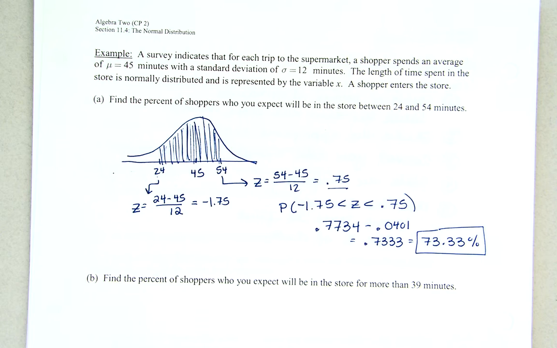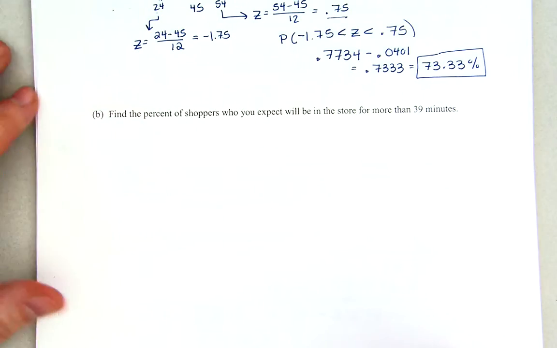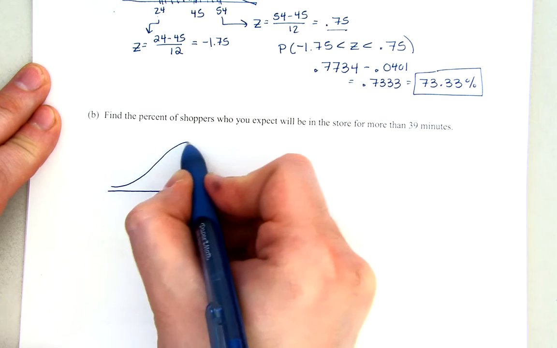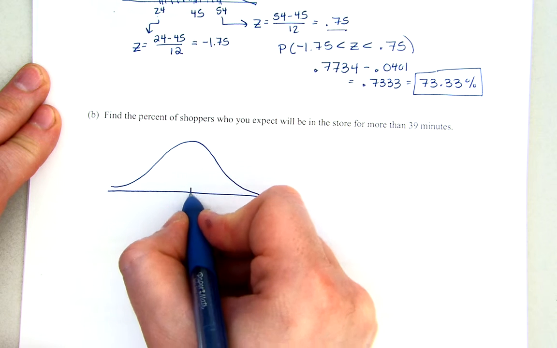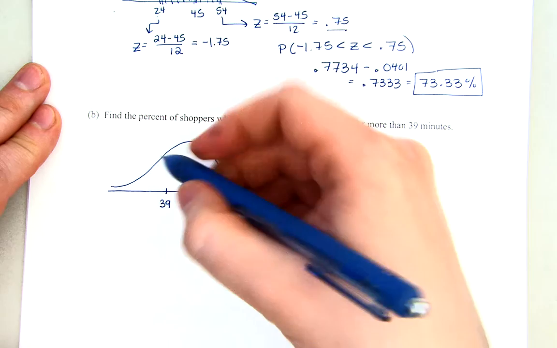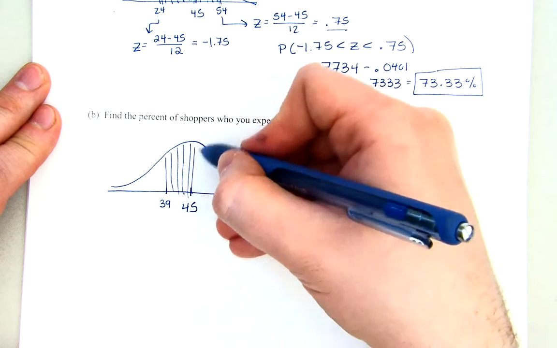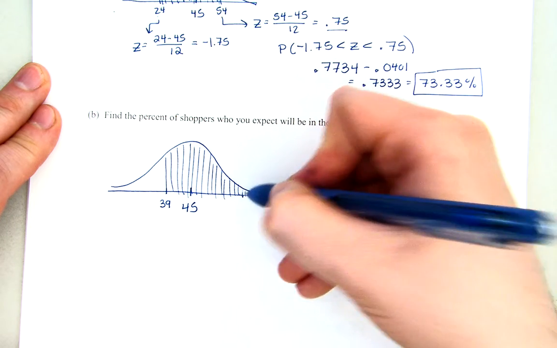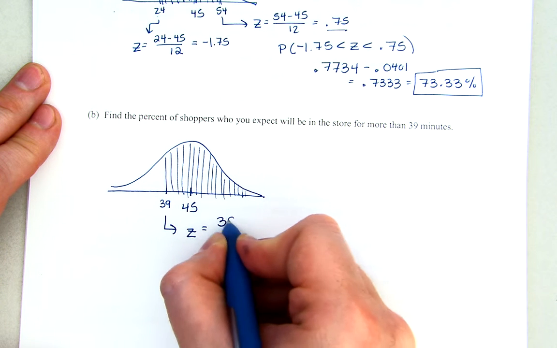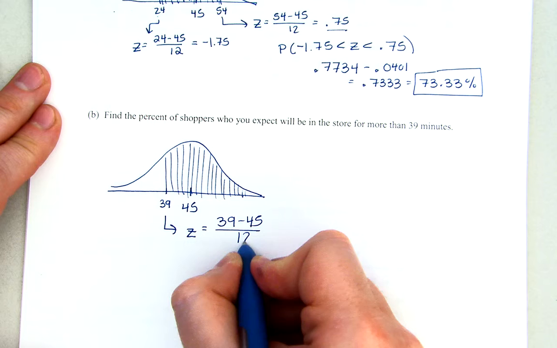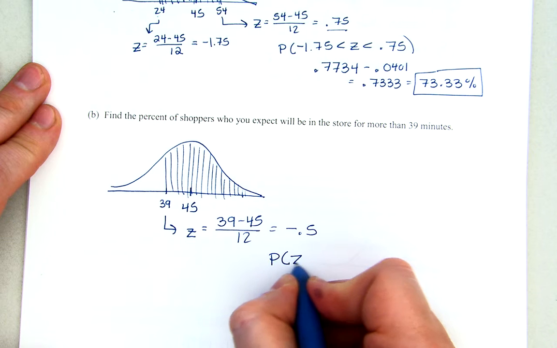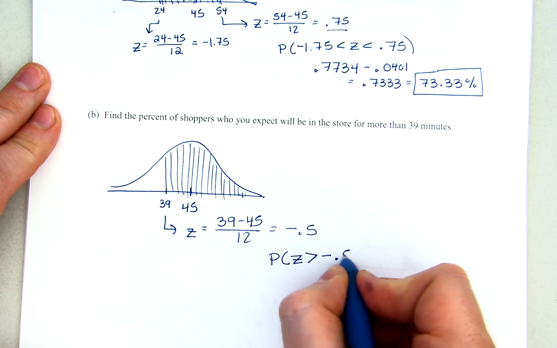See if you can do letter B. And as you work through that, I'll get my work up here as well. So I'm looking for the percent of data whose z-value is greater than negative 0.5.